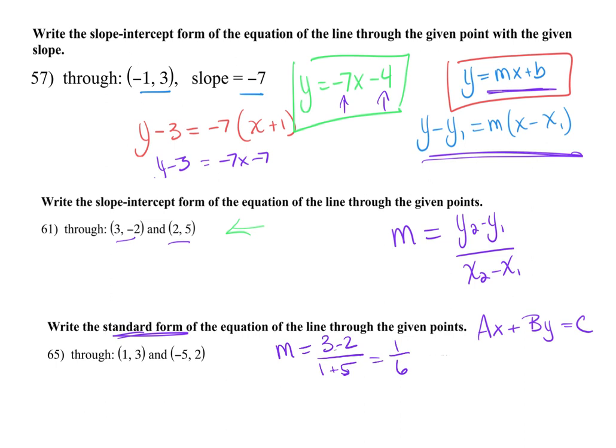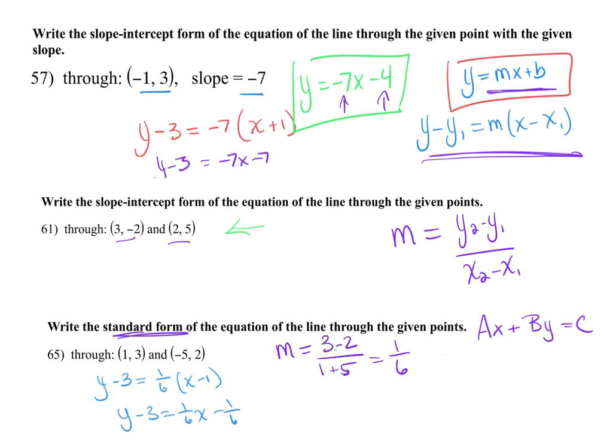That's fine. y minus y1 equals m times x minus x1. All right, the difference here is you want your x's and y's on one side, and you want your numbers on the other, and you also don't want any fractions, all right?